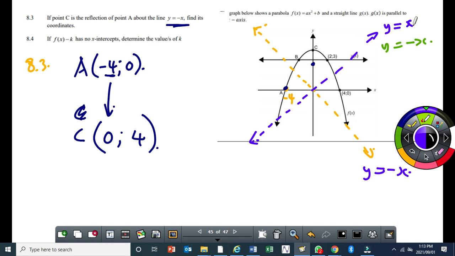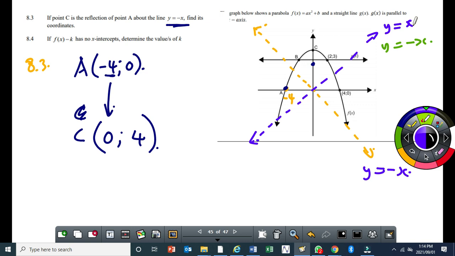These straight lines are well known in maths. In actual fact, in grade 9, you should have been introduced to those two straight lines, the line y equal to minus x and the line y equal to x. They are just basic straight lines with a y-intercept equal to 0. In the case of y equal to minus x, its gradient is -1.